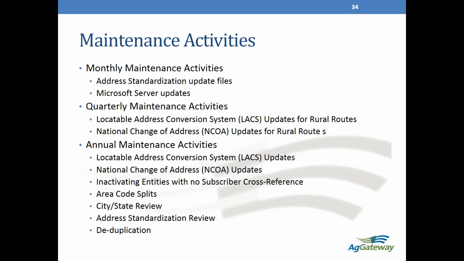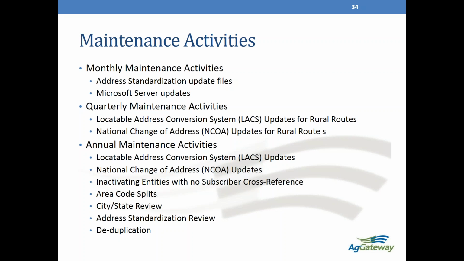So one of the other things that we do in AGIIS, and we're right in the heart of maintenance season, is monthly maintenance, such as address standardization update files. We do Microsoft server updates and keep the hardware and software at its best.